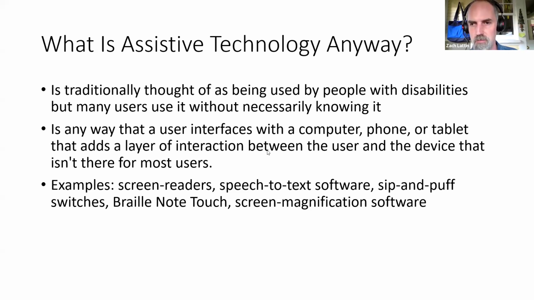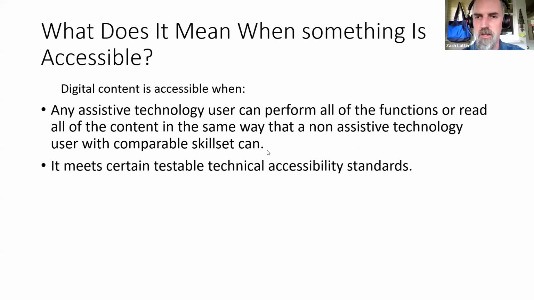That's something I think that doesn't get talked about very much. Examples of assistive technology would be screen readers, speech-to-text software, sip and puff switches, a hardware device that we'll talk about later in a user story called a BrailleNote Touch, and screen magnification software. These are examples of traditional assistive technology.